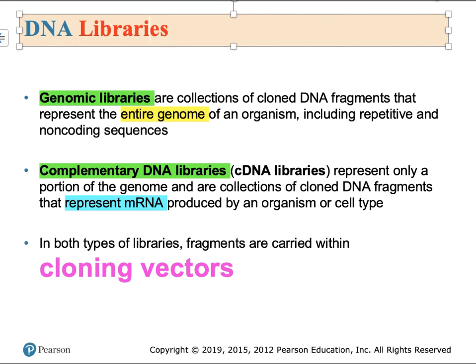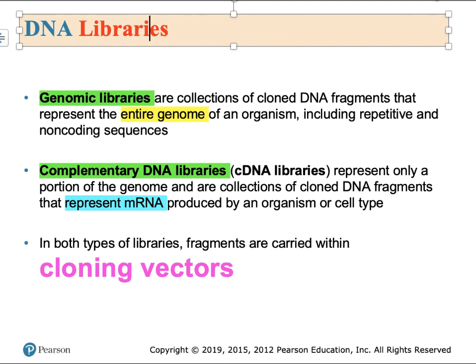If, on the other hand, you went to my liver cells and you wanted to just know which messenger RNAs were being made at that moment in time, then you could deconstruct my liver cells, isolate the messenger RNA, and then from the messenger RNA make double-stranded DNA using a sophisticated set of enzymatic techniques. And once you have copies of my messenger RNA as double-stranded DNA, that can then be inserted into the vector to make another library.